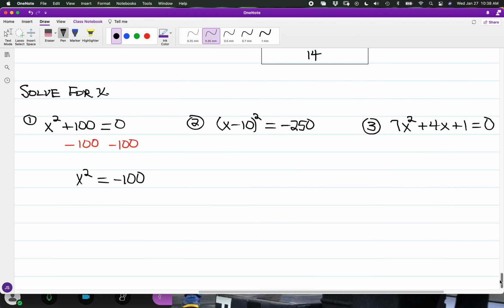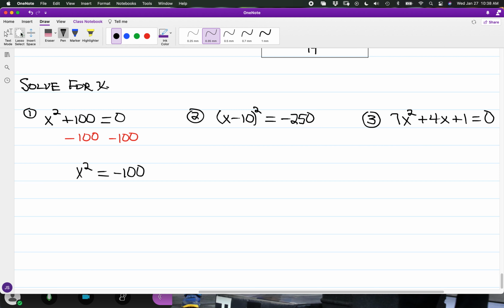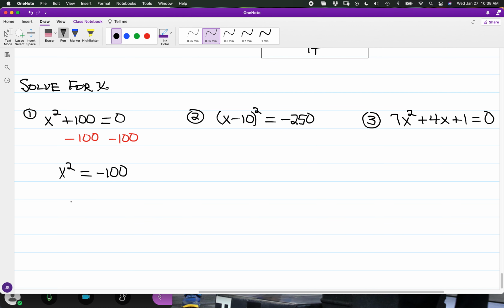And we have been following through with the square root property of equality, going from x squared to x, and we have x is equal to plus or minus the square root of -100.